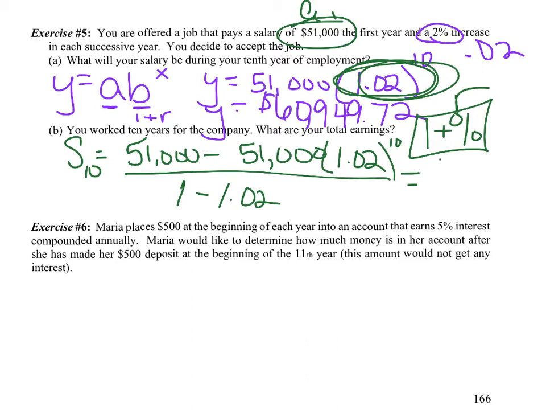And so the number you get is your salary added over the course of 10 years. And you should get $558,435.77. That to me makes a little bit more sense as far as what it's asking.